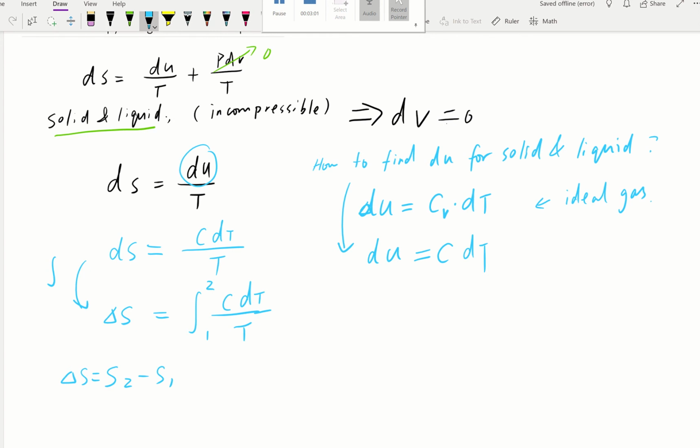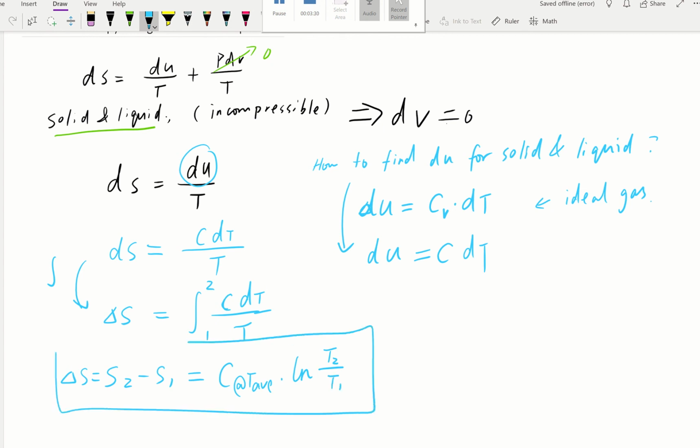and here we assume C is a constant. So if we take C out, we can use C at the average temperature. Then we have a natural log. When we integrate 1 over T, basically it's the natural log of T, and put in our limits, so it will be T2 over T1.